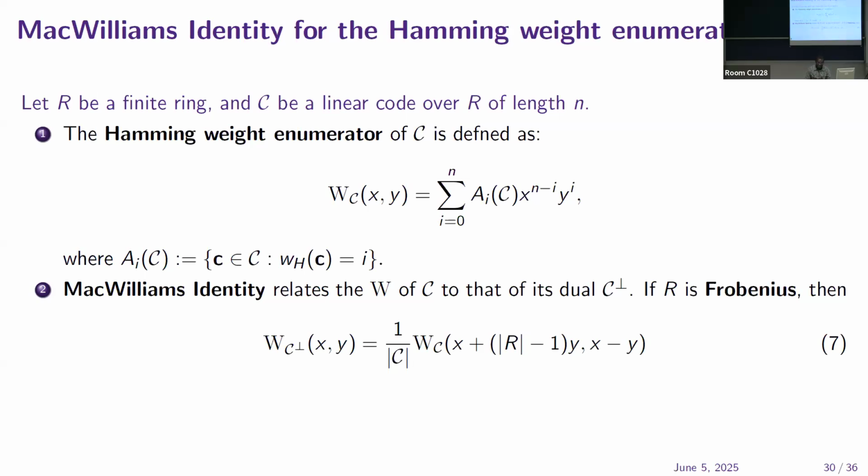The MacWilliams identity relates the weight enumerator of C with its dual. This MacWilliams identity is satisfied if the ring is Frobenius. You have identity 7.